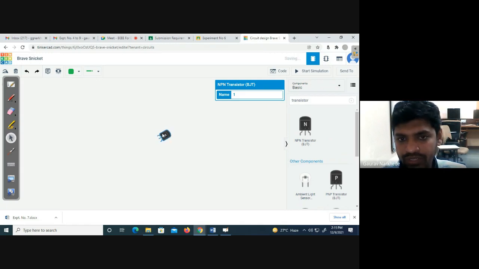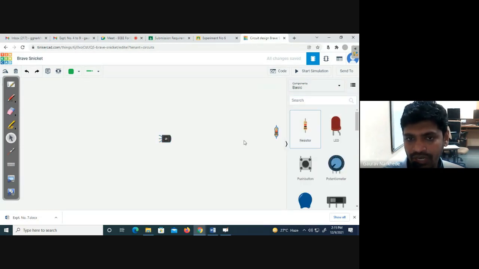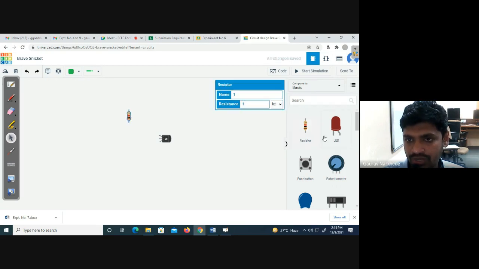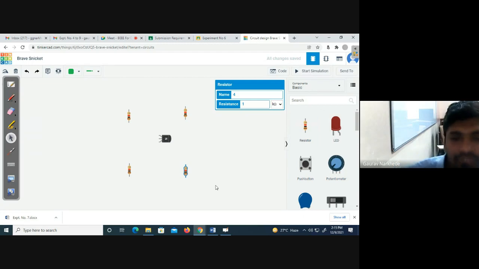I will just rotate it according to my convenience. Then we want resistors. Just check whether I am connecting it properly as per the circuit diagram. So this is resistor R1, this is R2, this is RC, and this is RE. Is it correct? Yes, sir.